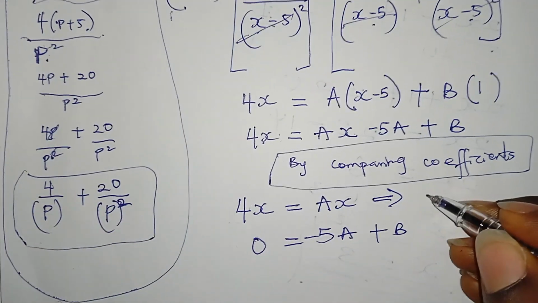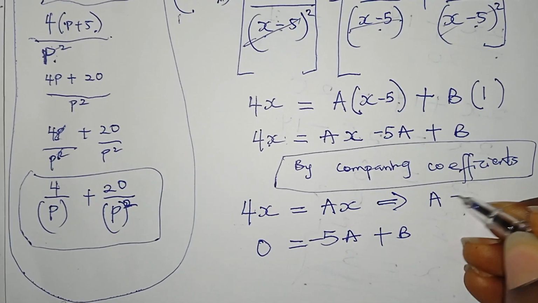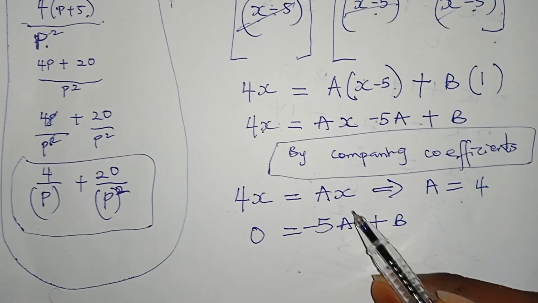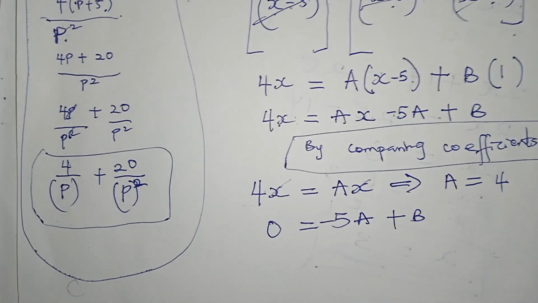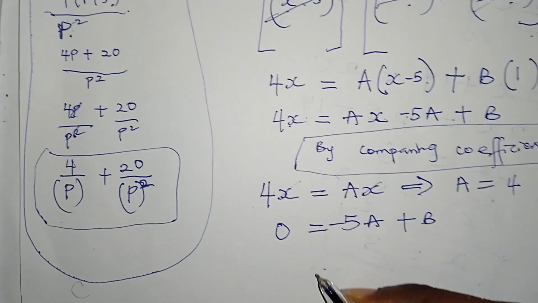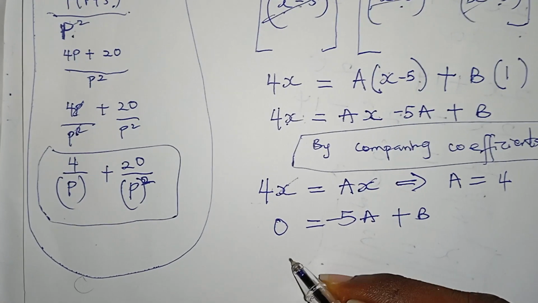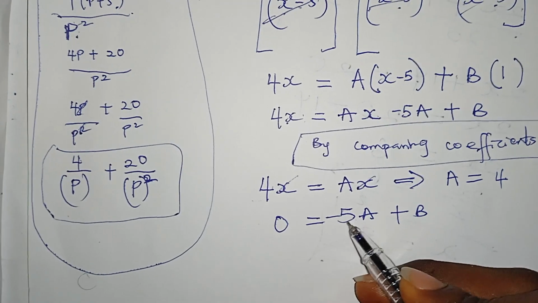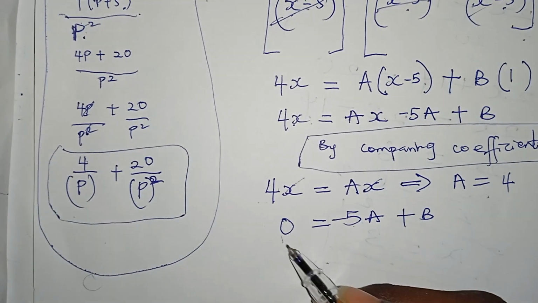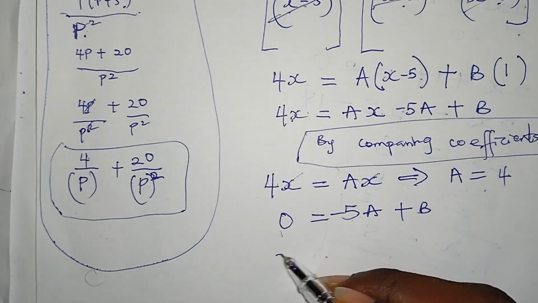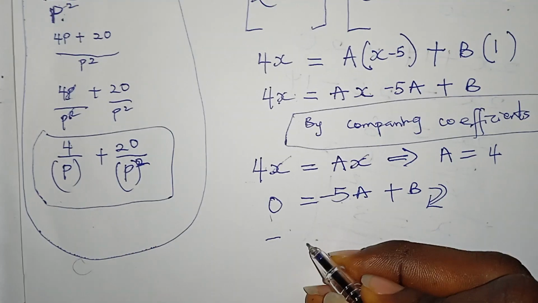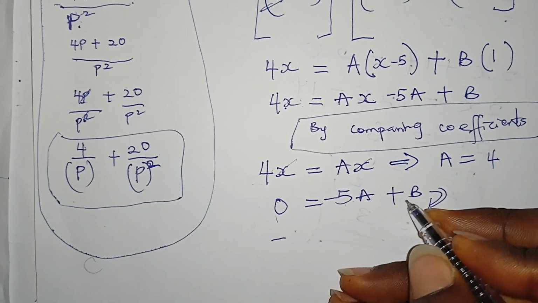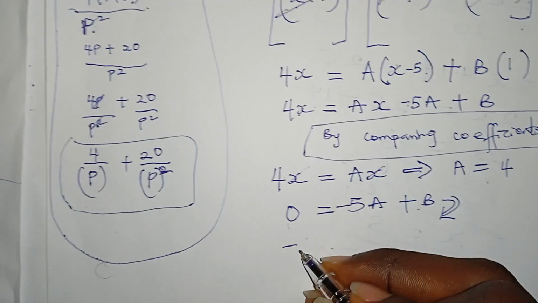I will now have that a is equal to 4. Comparing coefficients simply means what you have that is the same, cancel it out. So a is equal to 4. And this side is the same thing as saying minus 5a plus b equals 0.